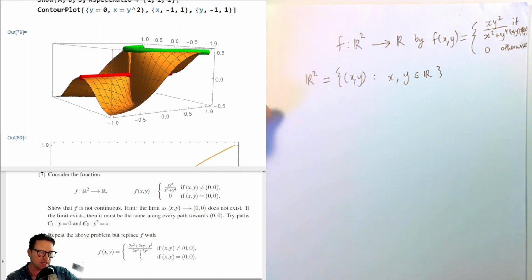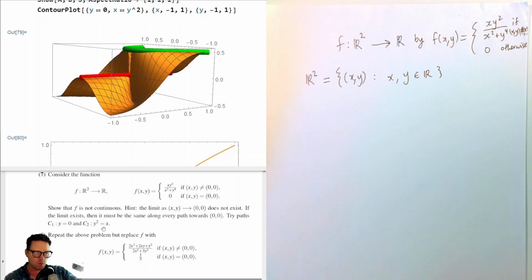Okay, and so here I've given 2 examples of paths where this happens, but if you wanted to try this yourself without this hint, you could take any 2 paths that contain the point 0, 0, that pass through it, right? So for example, y equals 0 contains the point because 0, 0 is on that line.